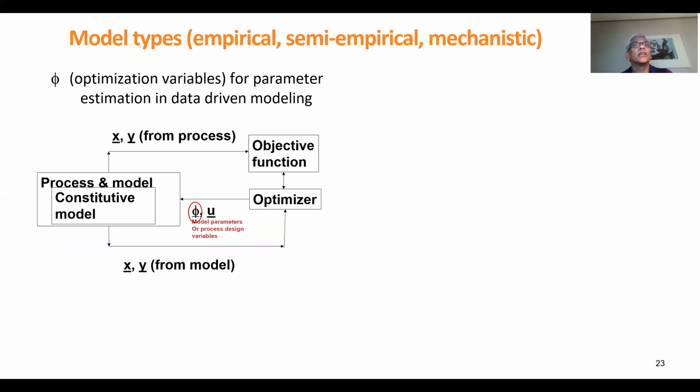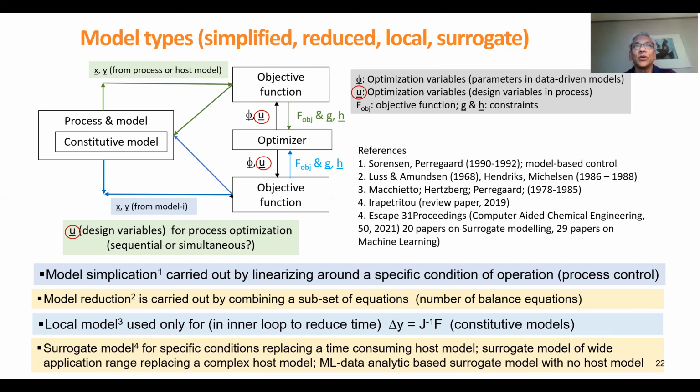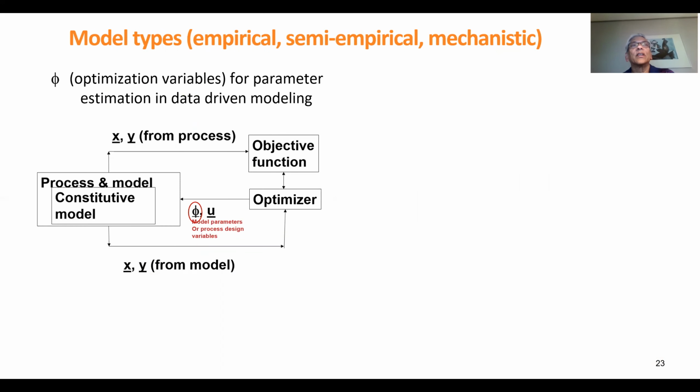So let's look also, we looked at in the previous example, the U are the design variables, but we also have the phi, which are the process parameters. So if we have a model with parameters, we can also set up an optimization to solve for the parameters.